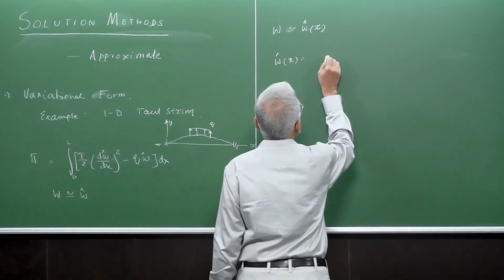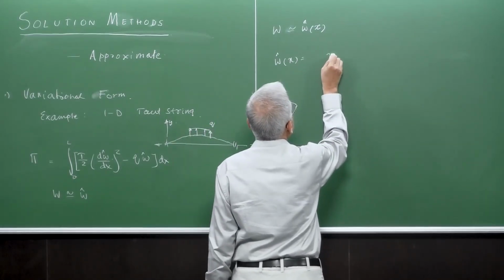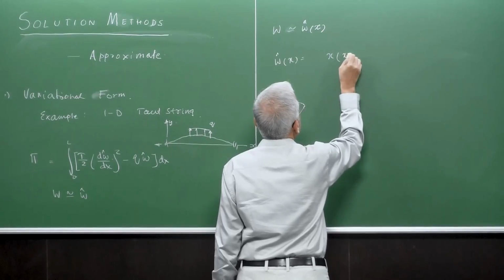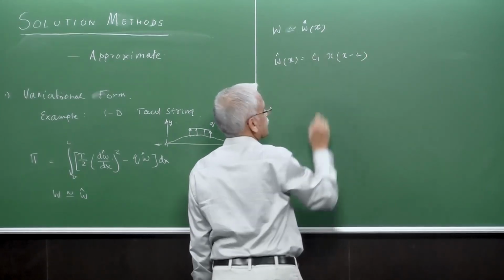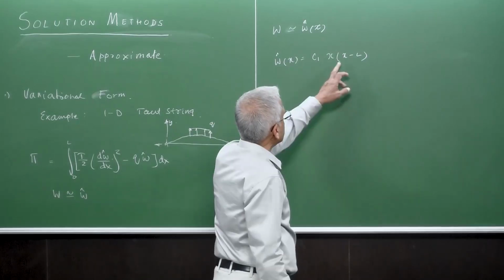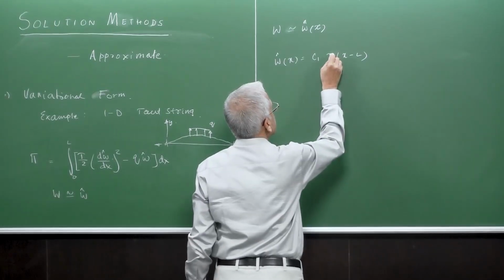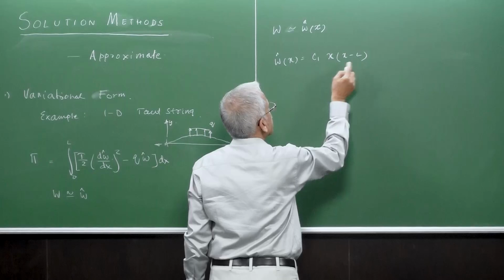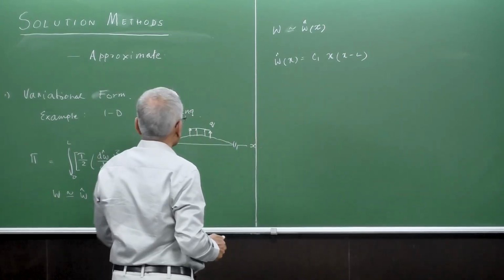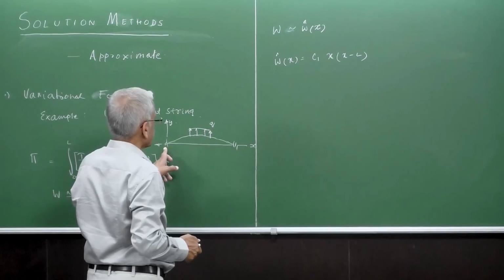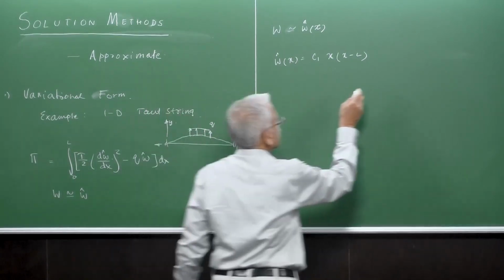So let us say it is x into (x minus L), times some constant C1. Here x into (x minus L) satisfies that W hat is 0 at x equal to 0, and also satisfies it at x equal to L.